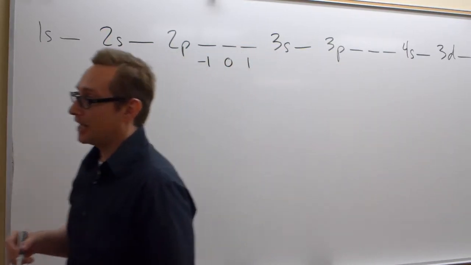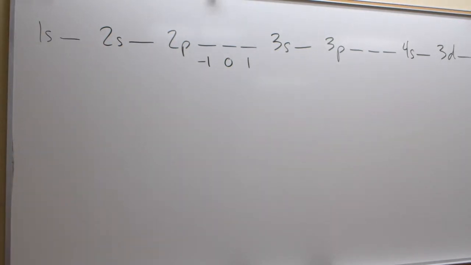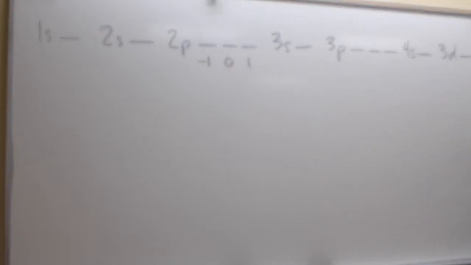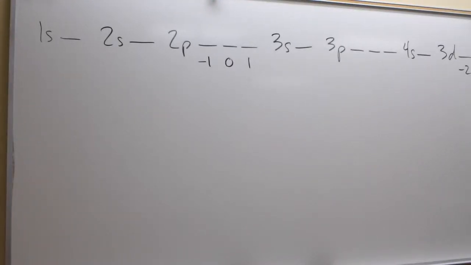For L equals 2, for a d orbital, you can have -2 to +2, and all the numbers in between. So if I look at a 3D array here, I have -2, -1, 0, +1, +2.